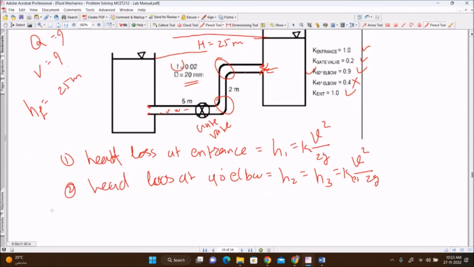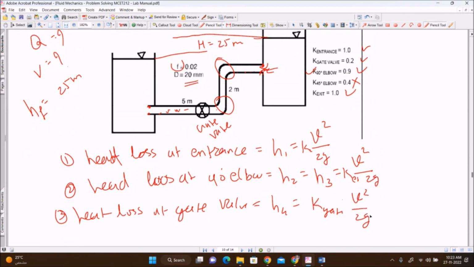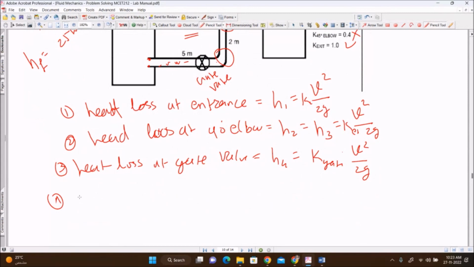Now the gate wall. Head loss at the gate wall is again H4 is equal to K gate into V square by 2G. Number 4, head loss at exit. Head loss at exit is H5 is equal to K exit V square by 2G.